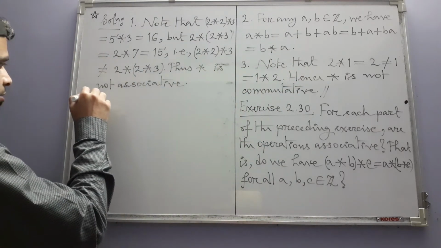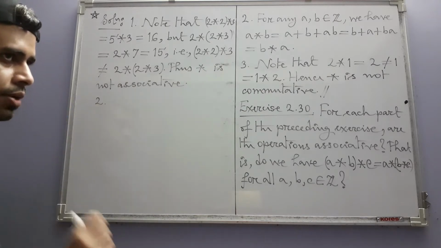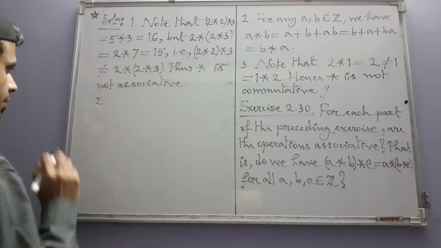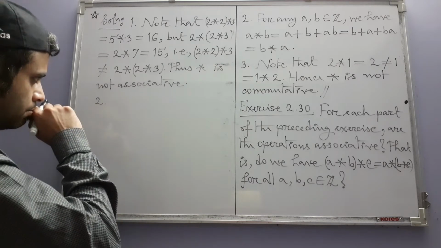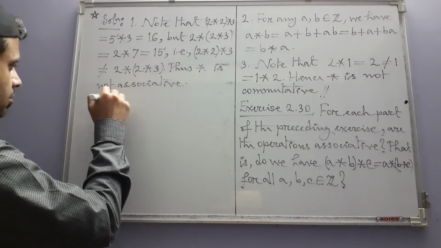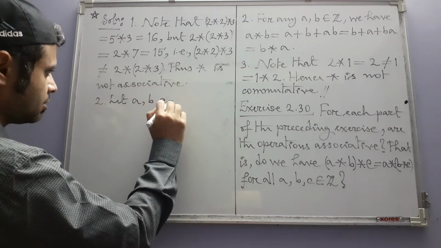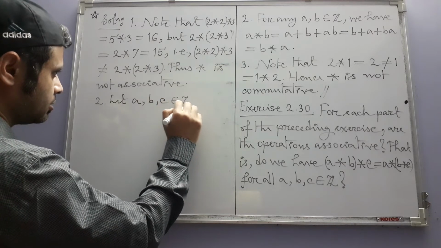What about part 2? In part 2 we have A plus B plus AB. This one we will see will be associative. Let A, B and C be general integers.